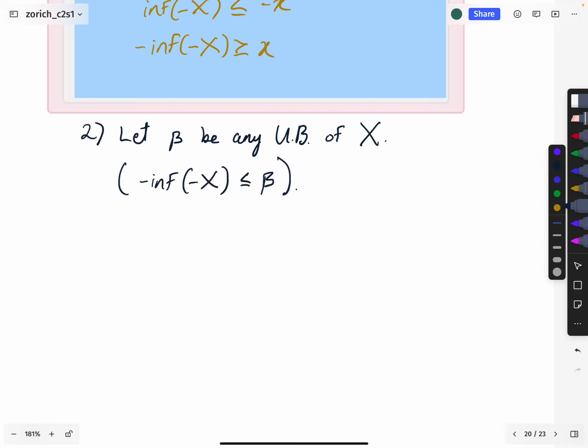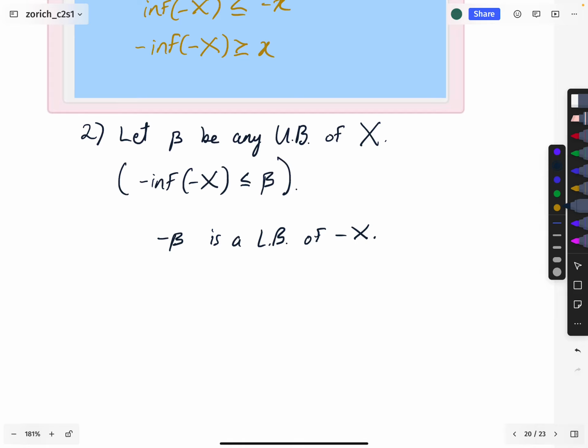Certainly we're going to have to use the property that beta is an upper bound of X. We know that negative beta is a lower bound of negative X, as we said earlier and I left as an exercise.